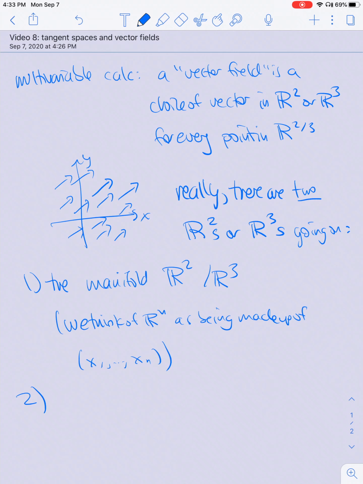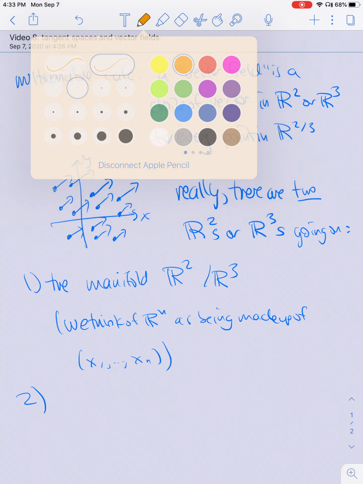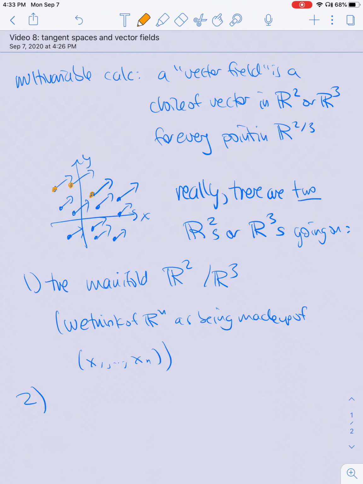And the second R2 or R3 is the one where the vector lives. So there's all these points at the bases of all these vectors, and they're vectors, but they're not based at the origin. These correspond to what point in your manifold your vectors are based at.